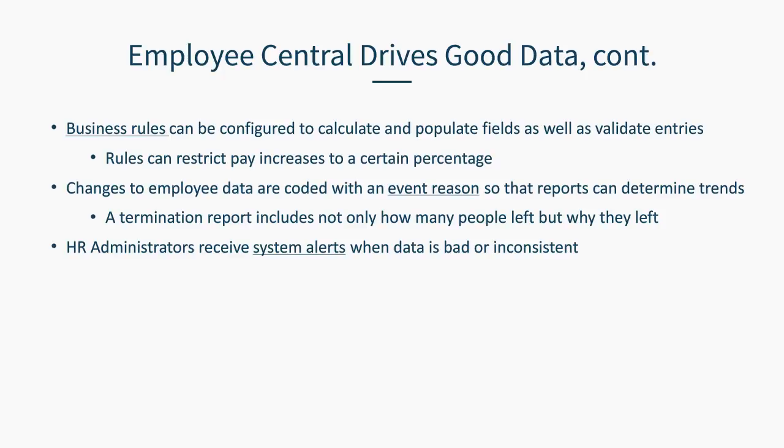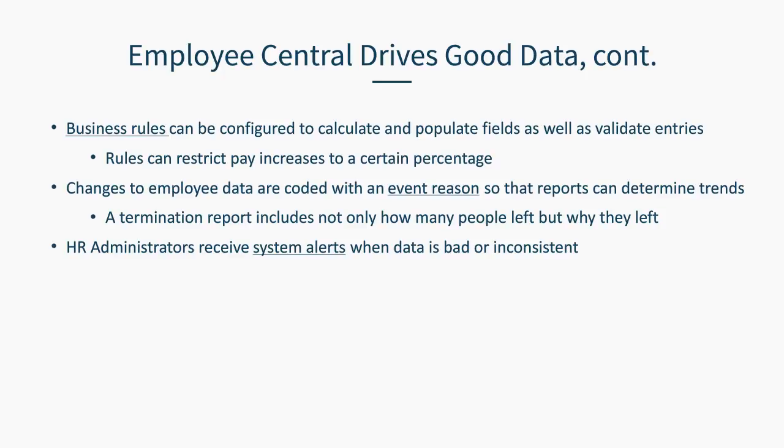And not only that, but for each and every data change that we make for an employee within the system, we not only record the change, but a reason why the change has been made. And that is so that we can report on those reasons. So not only do our termination reports list out everyone who has left, but the reason why they left. And we can group those people together to help identify trends.